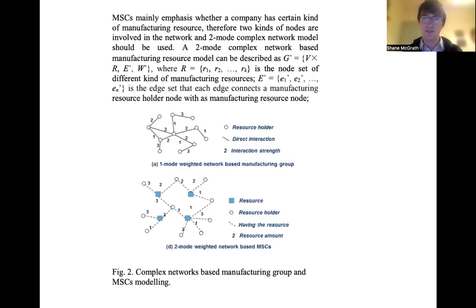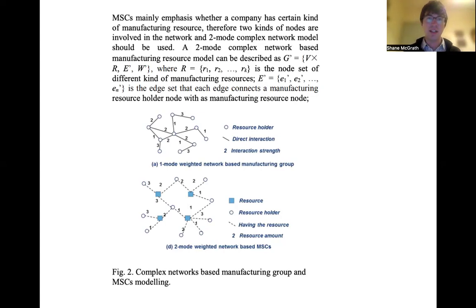Key fundamentals of social manufacturing: manufacturing service communities, which mainly emphasize these fundamentals. Again, it talks about the service mechanism. So you would have communities built up around sharing resources.